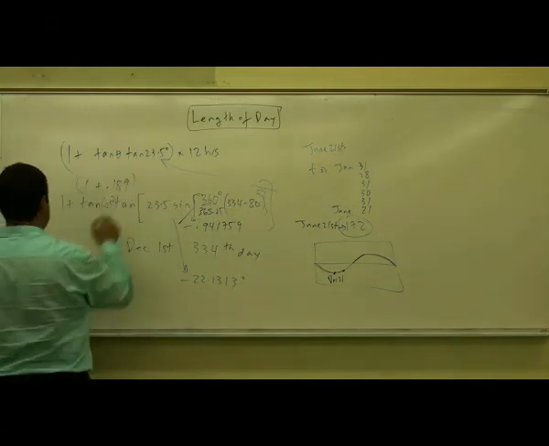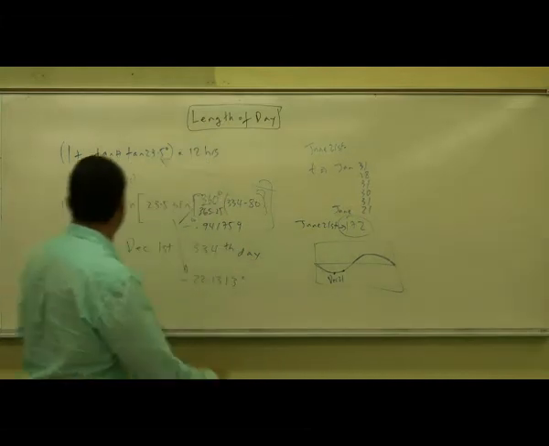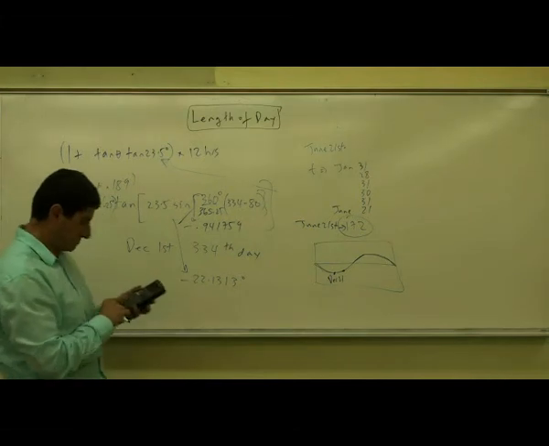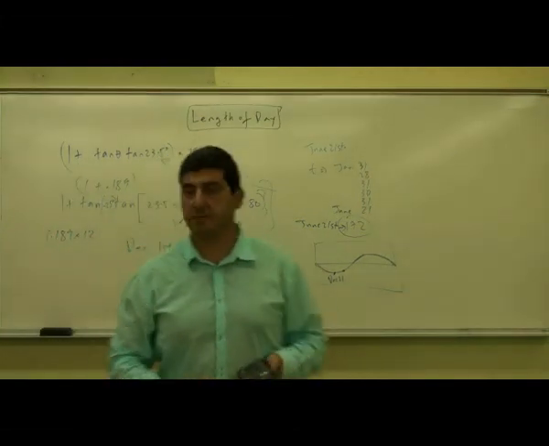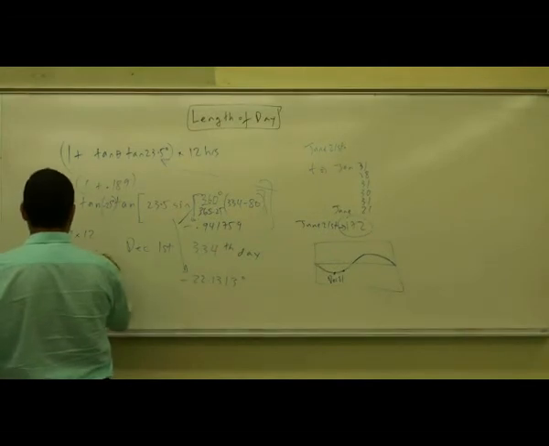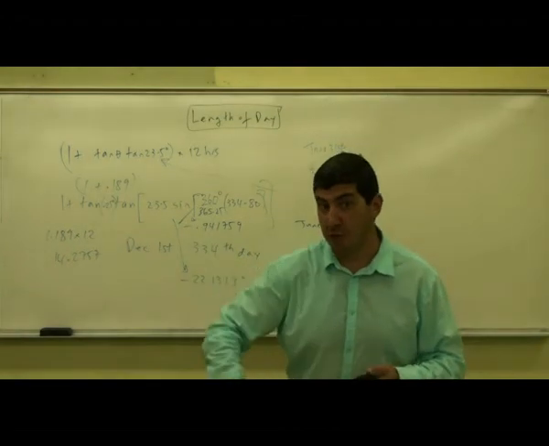You add 1 to that, 1.189. You multiply that by 12 hours, 14.2757. So you have more than 12 hours of sunlight if you're below the equator.